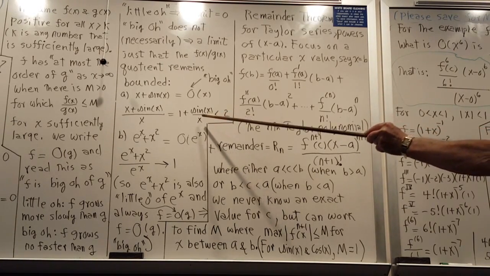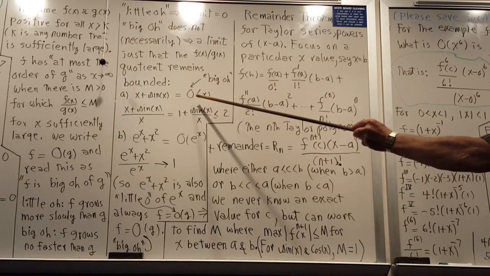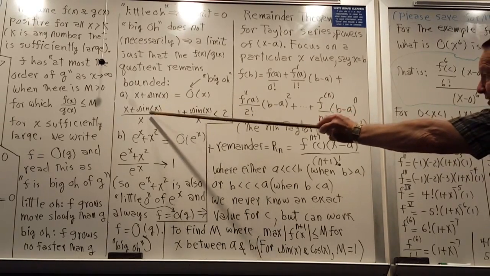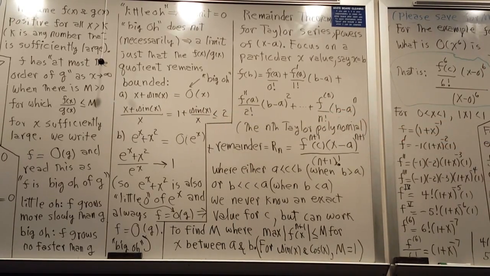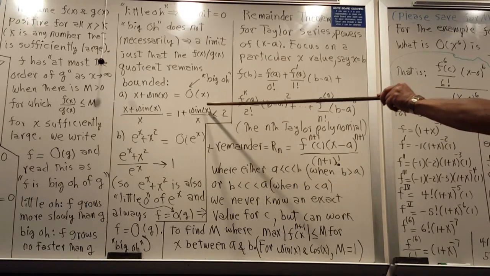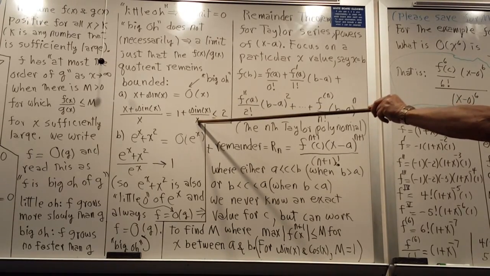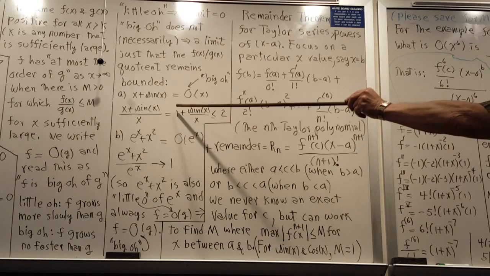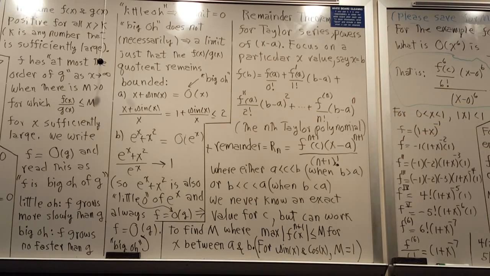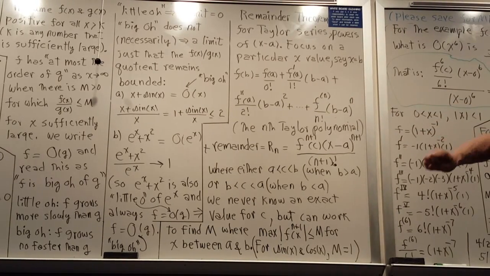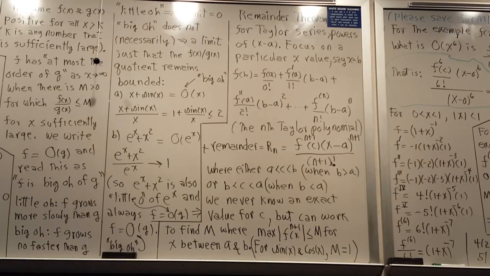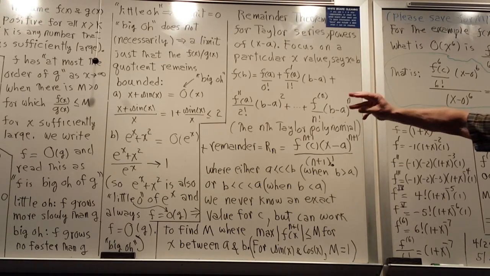So you can certainly say that the original here is less than or equal to 2, because the most that sine x over x can be is 1, and the most that this can be is 1. So you're not saying that you have a limit, but you're saying that the quotient's bounded.